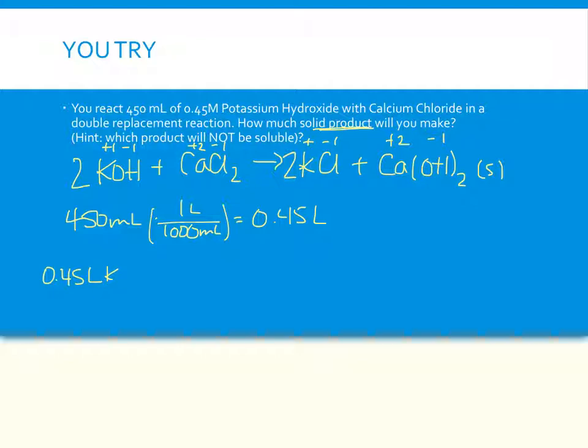So that means that is about the potassium hydroxide. I need to use my molarity to convert to moles. So that's 0.45 moles per 1 liter. That's going to cancel out my liters. I need to be writing in my KOH.